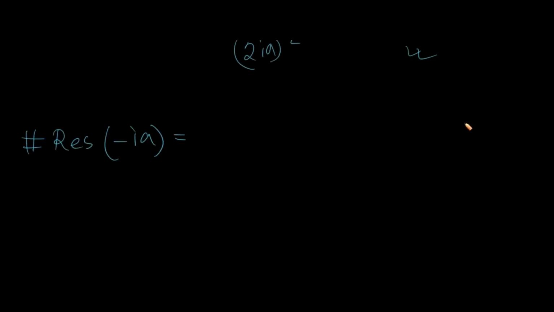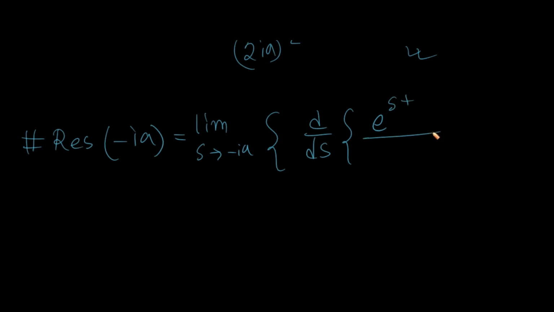So what do I mean by that? I mean this limit s goes to minus ia, this will be just d/ds of, I'm skipping some lines over here, so keep that in mind, because it's not necessary to write them all the time if you know what you're doing. This is (s minus ia) whole squared, right?